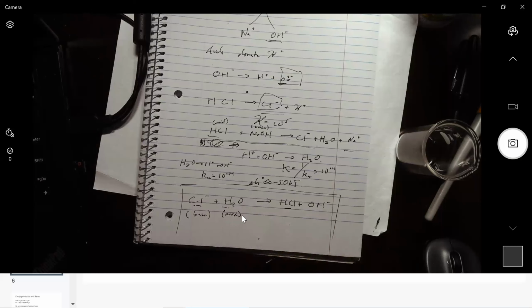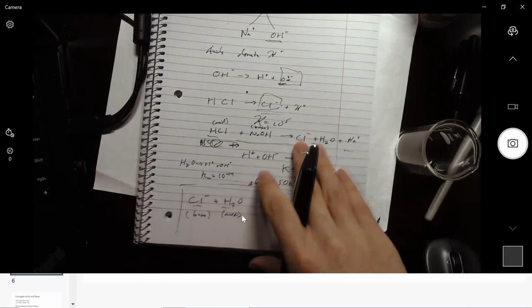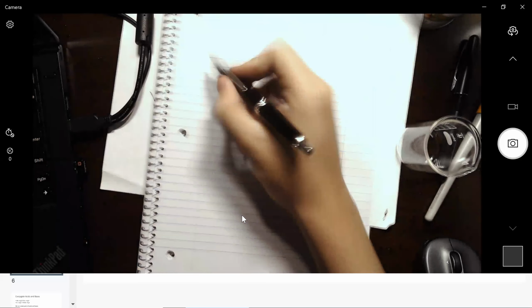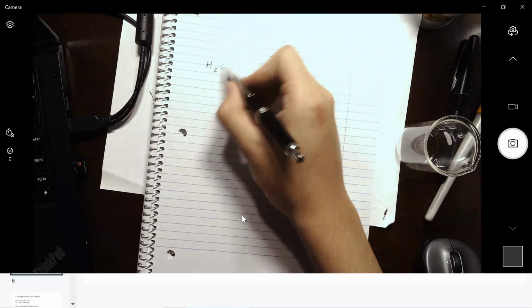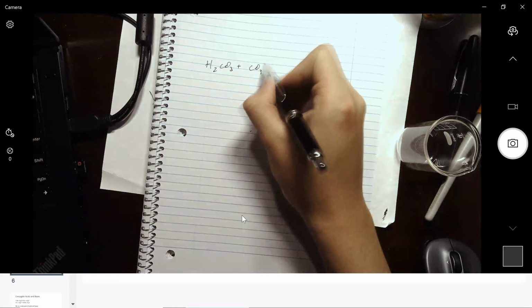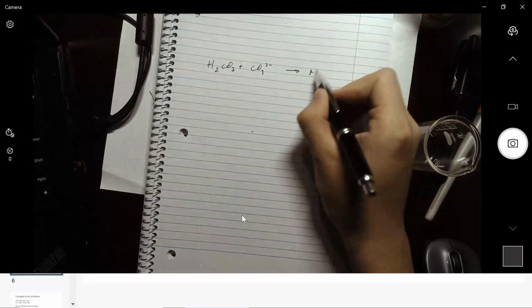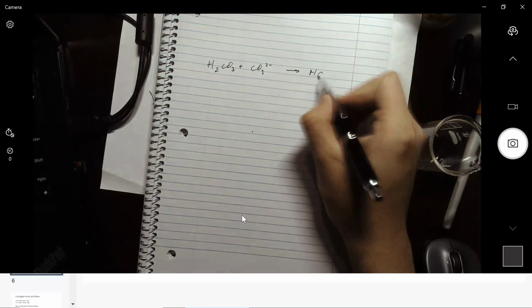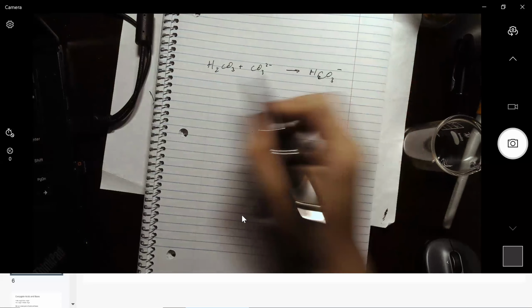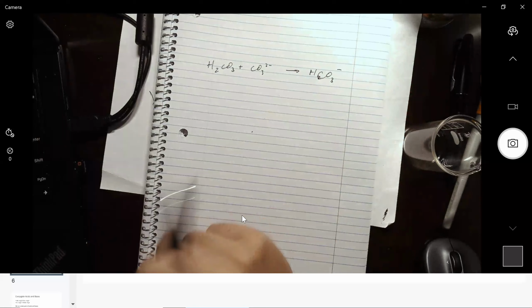Okay. Does that make sense? Should we do one more example? So, for example, let's say we have this reaction. Which one is the acid and which one's the base here?